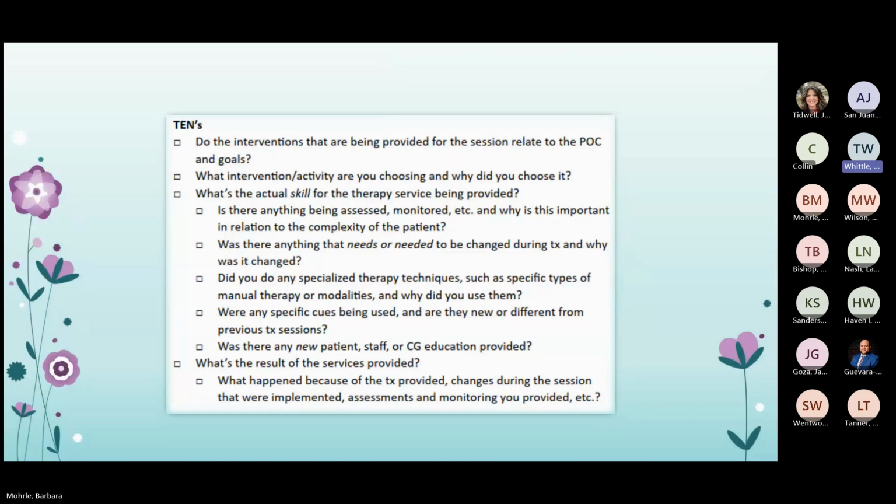If you've been following along on this checklist, these are the main key points that we want to focus on when we're looking at our treatment encounter notes. Do the interventions provided for the session relate to the plan of care and the goals? Oftentimes, we've been seeing treatment encounter notes that are really well written, but not related to the goal and the plan of care.